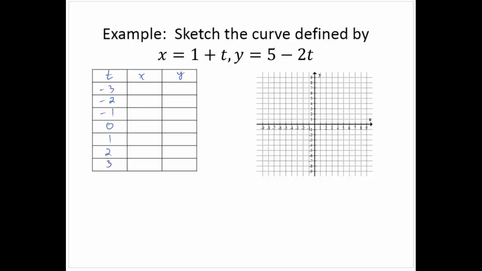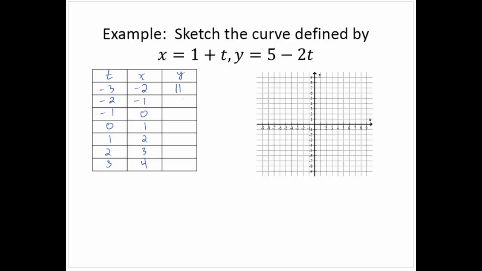Then I would substitute each of those t values into the x equation. If x is 1 plus t, then when t is -3, this would be -2, -1, 0, 1, 2, 3, and 4. And y is 5 minus 2t. So if t is -3, 5 minus 2 times -3 would be 5 plus 6, that's 11.